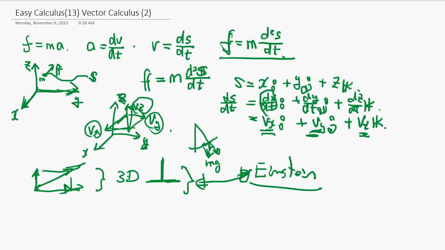Okay, so basically this is a vector. So in Newton's equation, you can use vectors. That's great. Okay, and is this vector calculus? No, hell no. This is just the entry point. You get the taste of vector calculus.